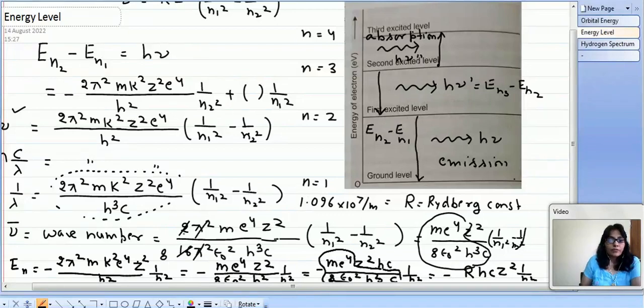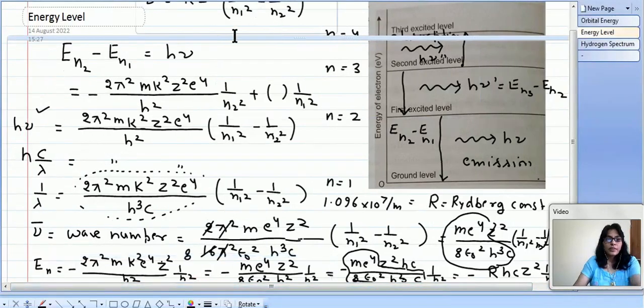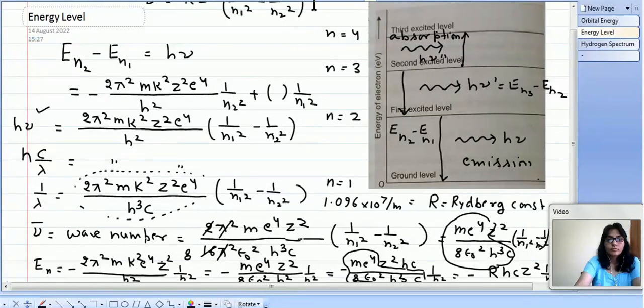In such a case the frequency of the emitted photon is given by the expression written here, or in terms of the wave number, a simple expression in terms of the Rydberg constant.